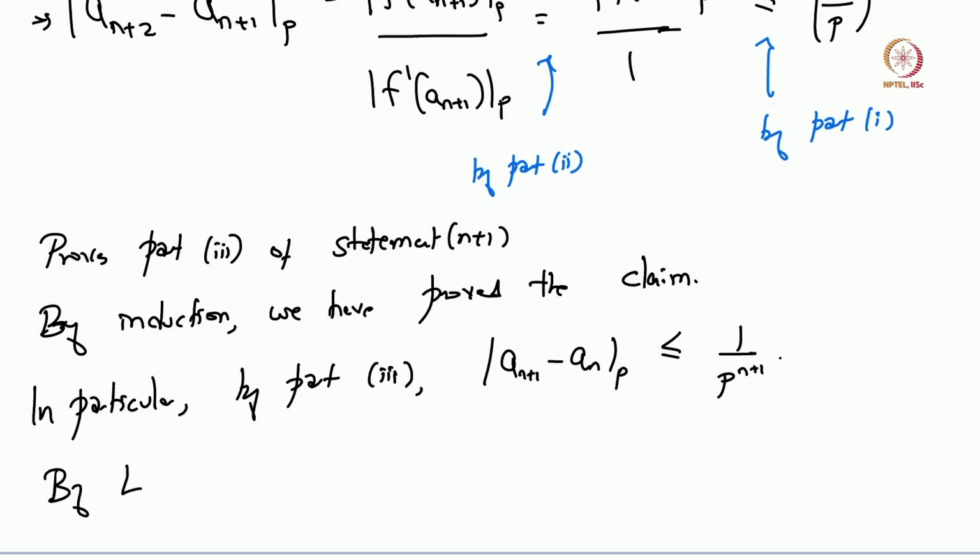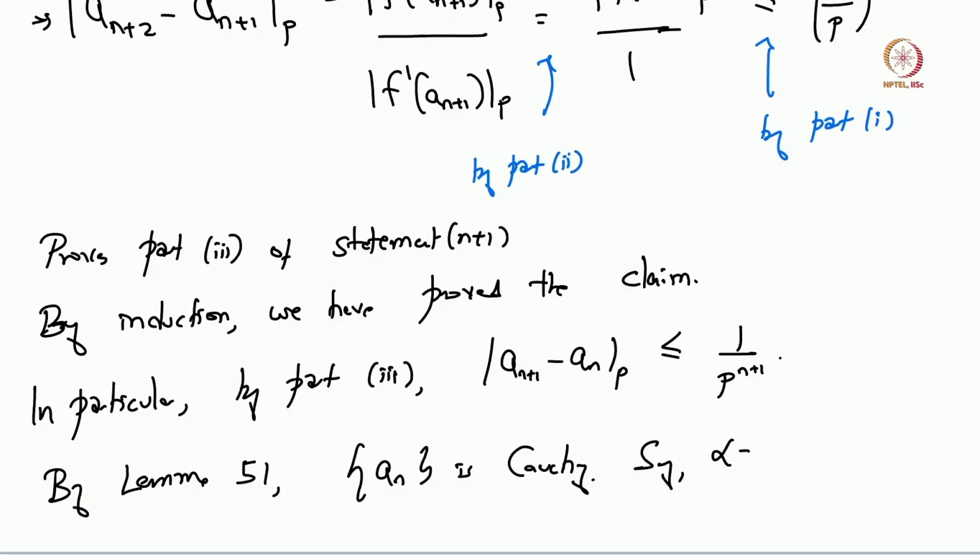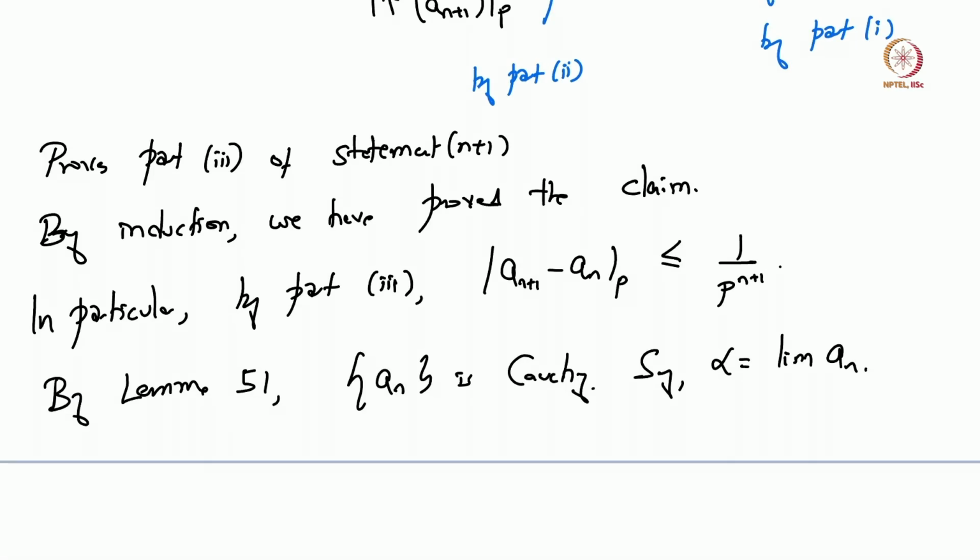And so by lemma 51 that we just showed, the sequence a_n is Cauchy, and say that alpha equals the limit of these a_n's. And we also have by the same lemma that alpha minus a_0 in periodic absolute value is less than or equal to 1 over p, which means it's strictly less than 1.